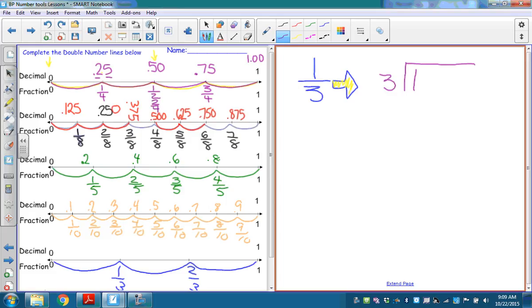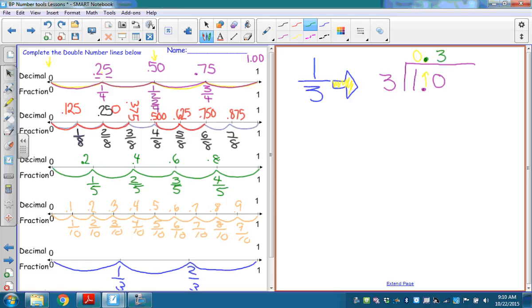And you learned in elementary school that when the number outside doesn't go into the number inside, you can put a decimal point and a 0. And then you could bring that up and put the decimal there. So 3 doesn't go into 1, so we put that 0, then we put the decimal point, but it does go into 10 3 times.